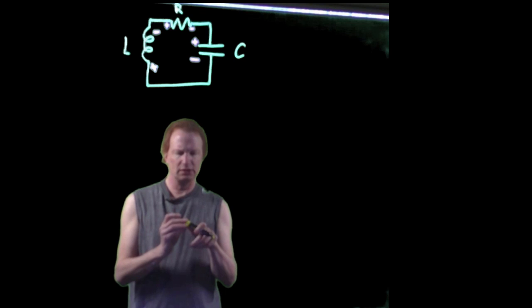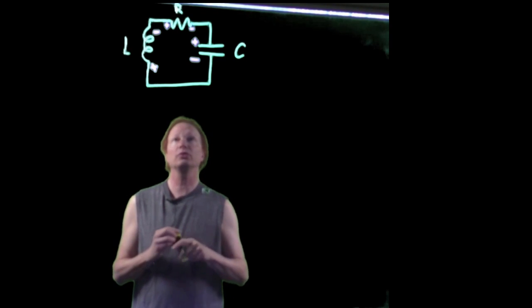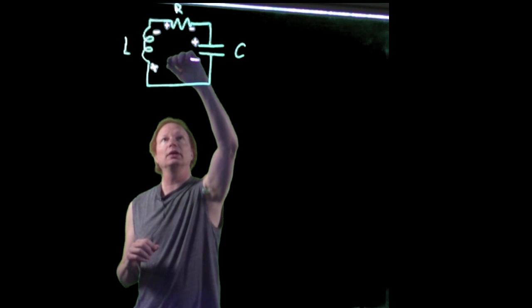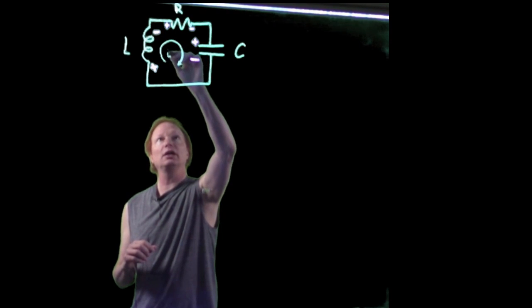So this is a series RLC circuit with no sources, and we're going to be considering a current in this direction called i of t.